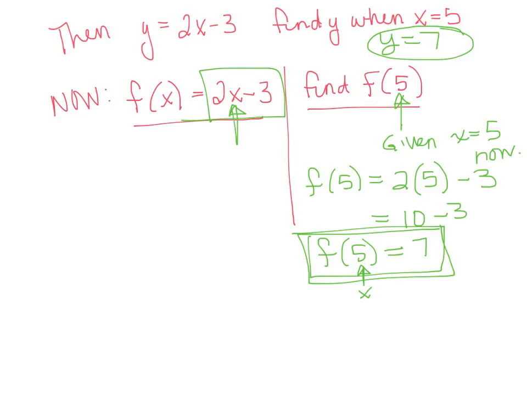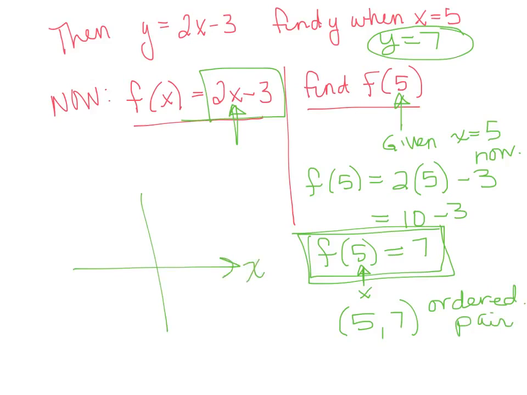You're going to have an ordered pair, 5, 7, is a point that will go on the graph, because you're going to have a graph that has an x value, and on the y-axis you're going to use f of x on the y-axis. Okay, so that 5, 7 is up here. Okay, so that's how you can change it from your function notation into an ordered pair quite easily, okay, with that information.